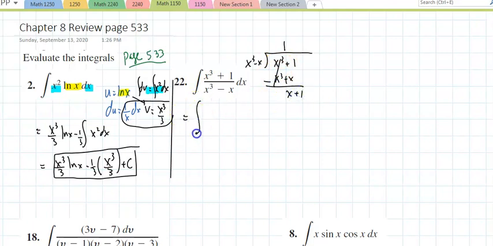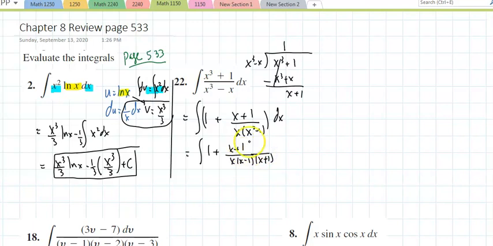And that means this is the integral of 1 plus x plus 1 over, and I could factor an x out of that. That would be x squared minus 1. You know what? Let me write it out. So that is the integral of 1 plus x plus 1 over x into x minus 1 into x plus 1. And those cancel out. So that would be the integral of 1 plus, and we need to figure out what 1 over x into x minus 1 equal.